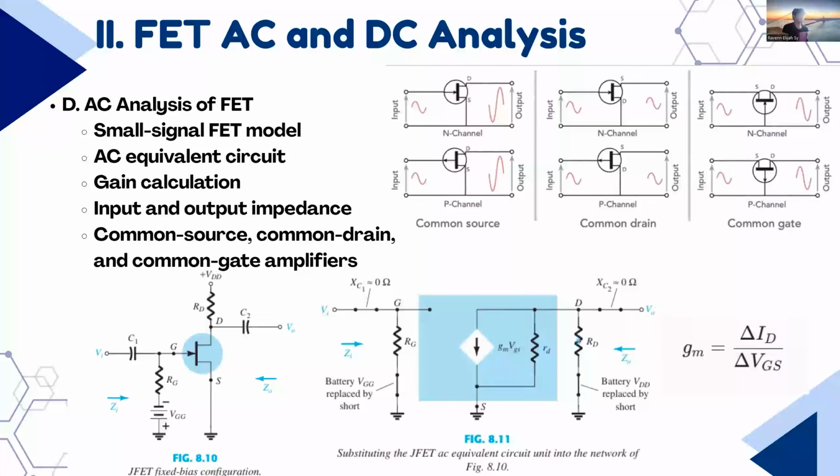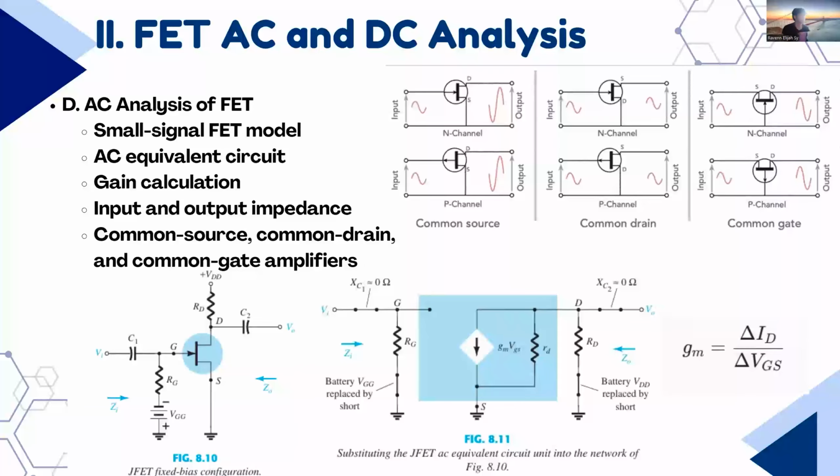AC analysis of a field effect transistor evaluates how the device amplifies time varying signals under small signal conditions. The AC input voltage variation is kept small enough that the transistor operates around its estimated DC Q point, preventing signal distortion.